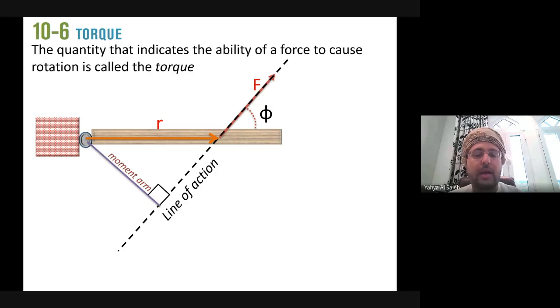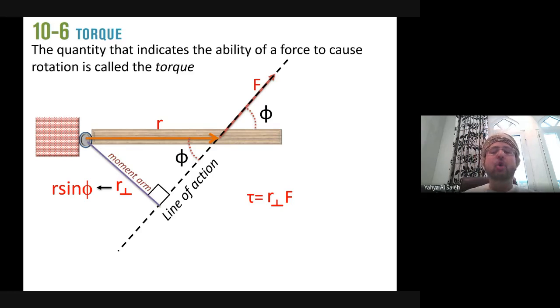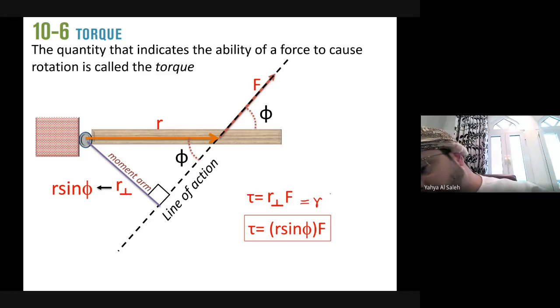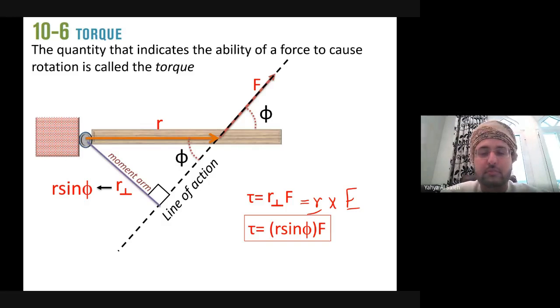Okay. Now, two definitions. Line of action is the line through which the force takes place. Moment arm is the perpendicular distance from that line of action to the hinge. Okay, now these two phi's are similar. And torque is defined as r cross F. Cross product.